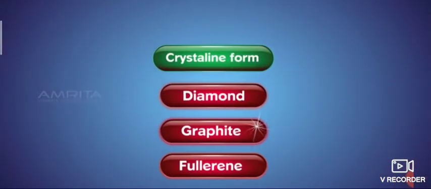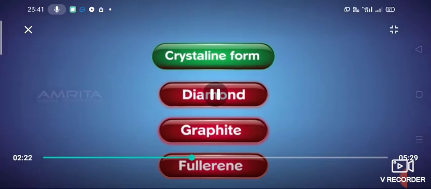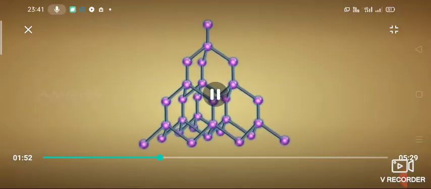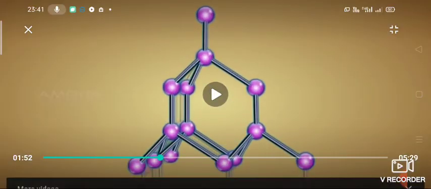Next, if you see the structure of diamond, one carbon atom is combined with 4 atoms of carbon with strong covalent bonds.